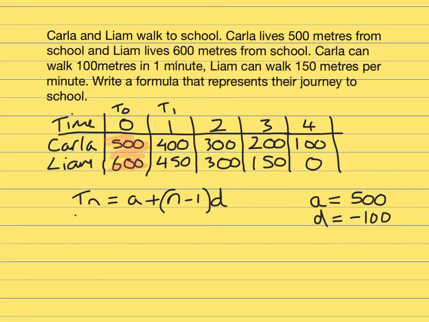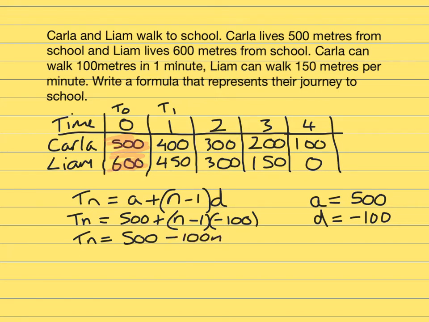Okay, so if I pop this in, Tn equals my A is going to be 500 plus N minus 1. And my D is minus 100, and again I'm going to pop that in brackets. Well, when I multiply that out, I get Tn is equal to 500, minus 100n.